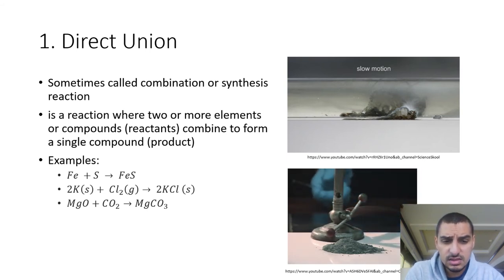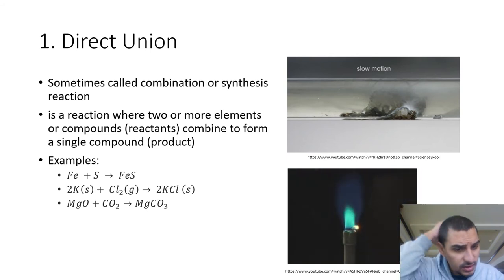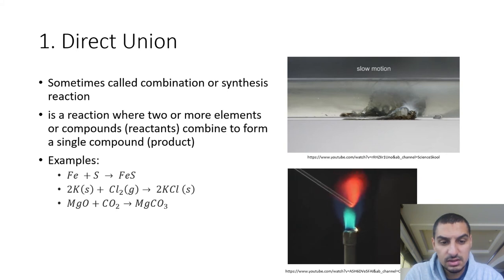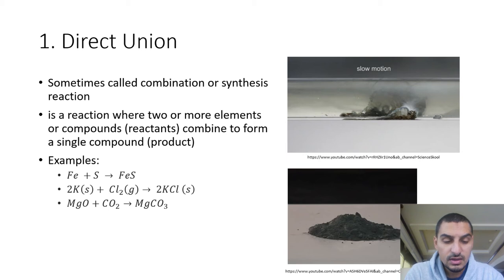So what is he going to do now? He's turning on the flame, and he is going to put the glass rod in the flame to make it hot. He's keeping it for a few moments until it gets red hot, and then he's going to put it in the iron sulfur powder mixture.